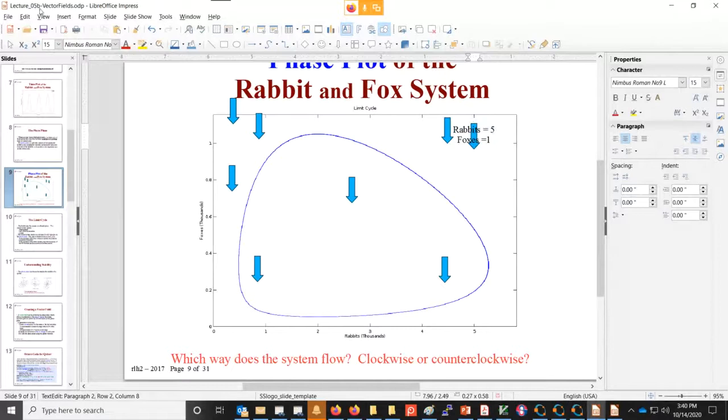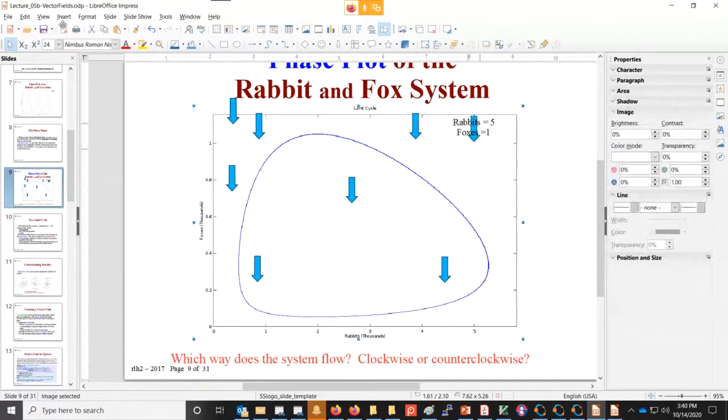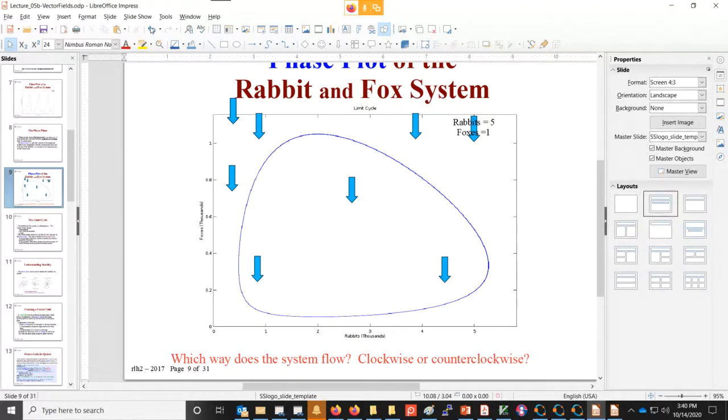Okay, so right here we're at foxes 1, rabbits 5. If that was my current population, what direction am I going to move? If I take the derivative of that, it will show me not only the rate of change but the direction, because I'm going to get the x and the y directions there.